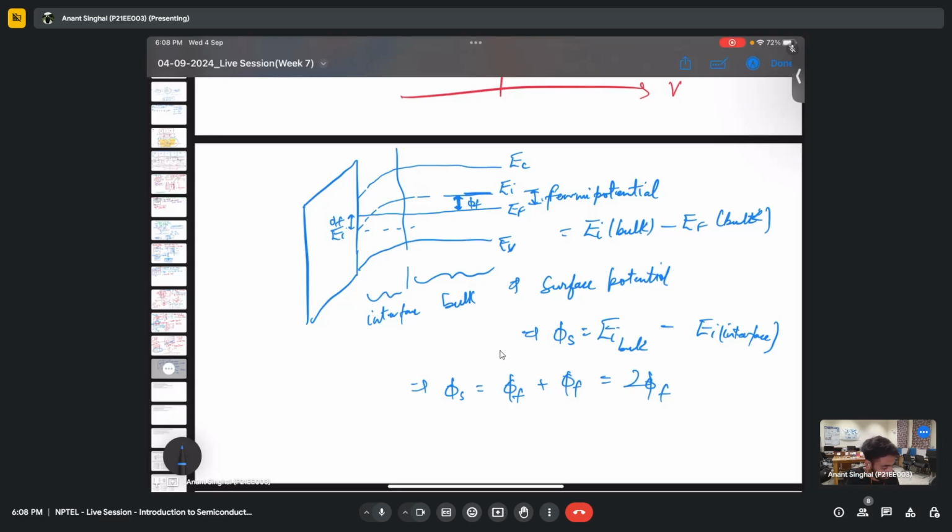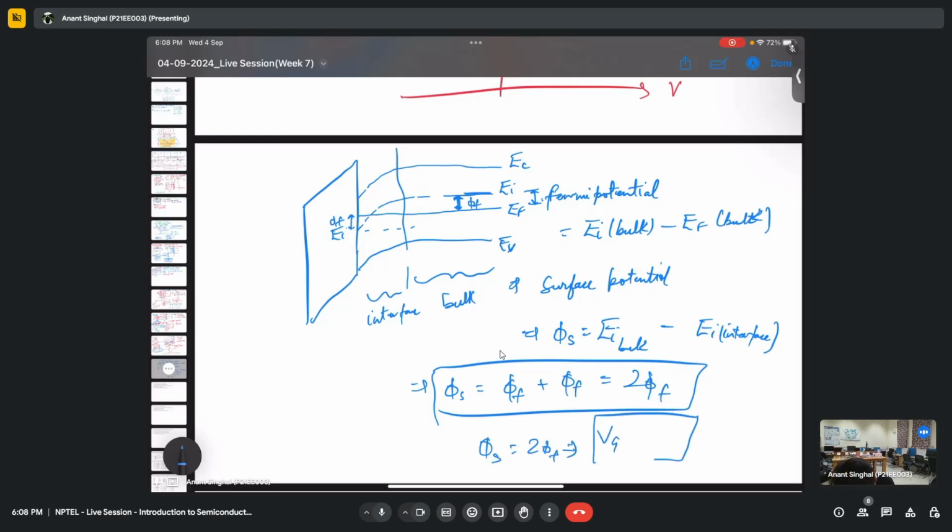No, sir. Yeah. So what happens at the inversion region? When this phi s becomes equal to 2 phi f, we have the inversion region, and at this particular point we have this gate voltage, which is known as the threshold voltage. This VT is called the threshold voltage.